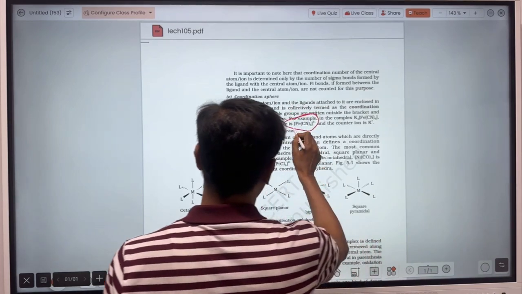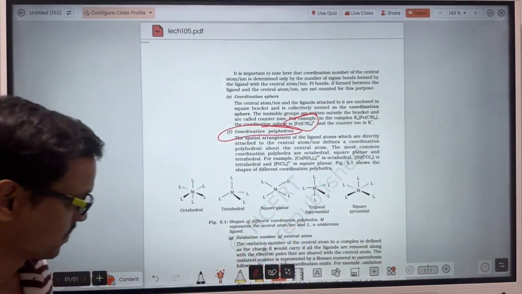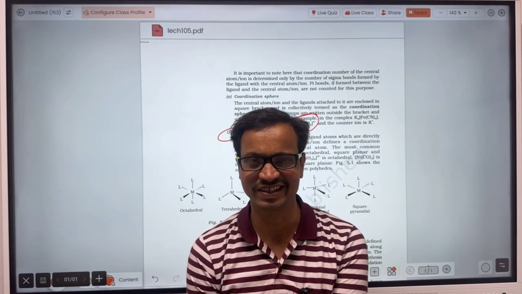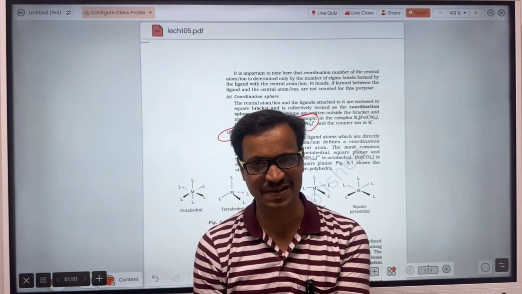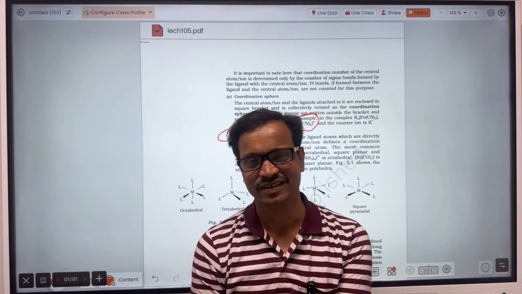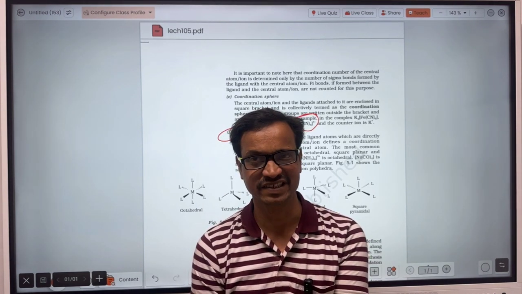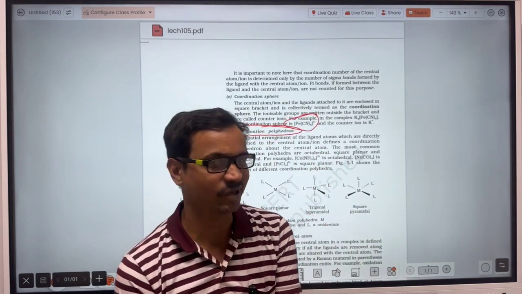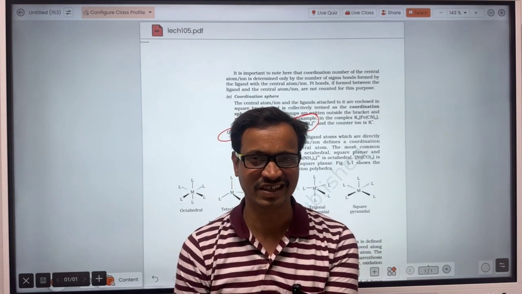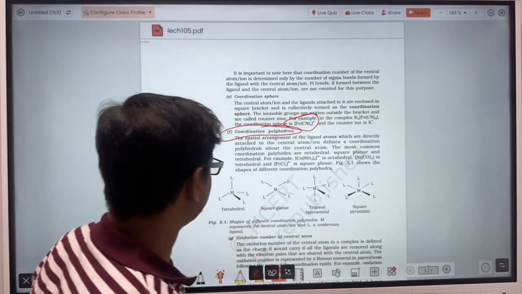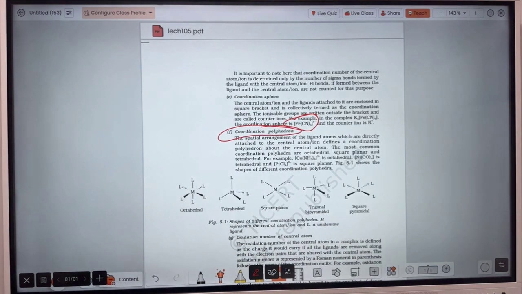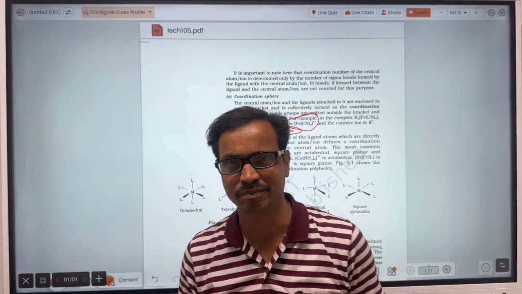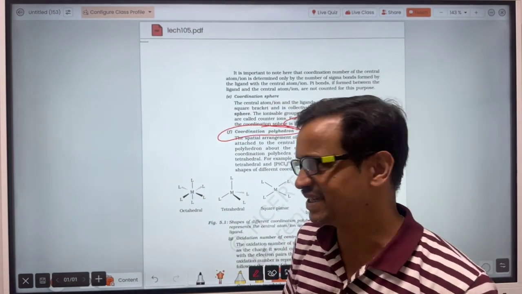Coordination polyhedron, what is that? Coordination polyhedron is analogous to the shape of a molecule. Like we say the shape of methane molecule is tetrahedral, but in case of coordination compounds, the coordination polyhedron will be tetrahedral, octahedral, and like that. So the coordination polyhedron can be defined as the arrangement of ligands around the central atom in three-dimensional space.